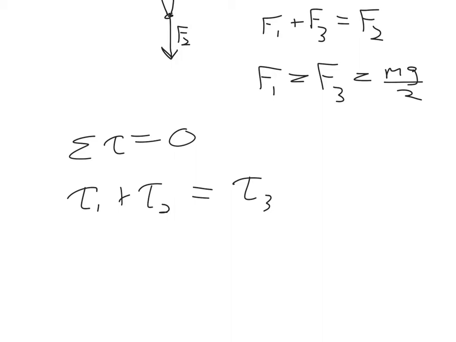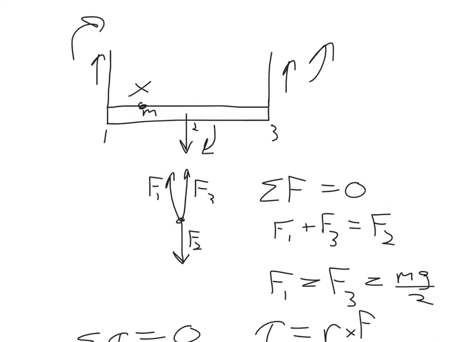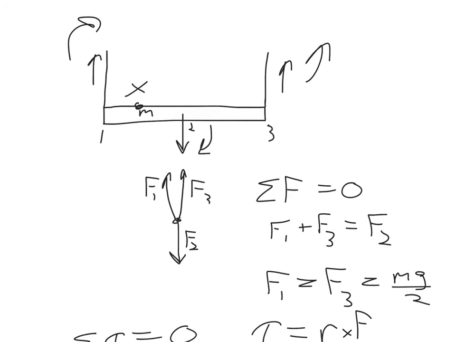So let's plug that in. Torque is equal to R cross F. So we'll do some radii here. The first radius is from point 1 to point X, so I'll call that distance X minus X1, position 1.